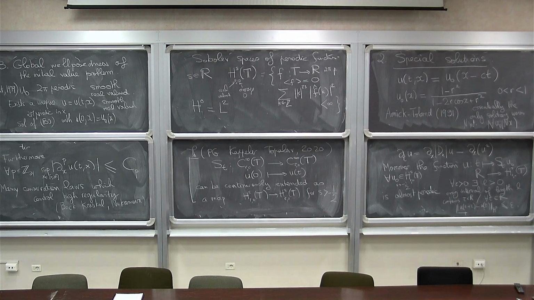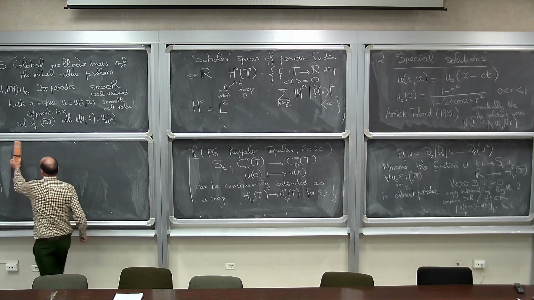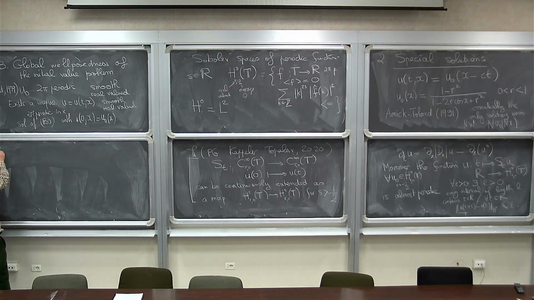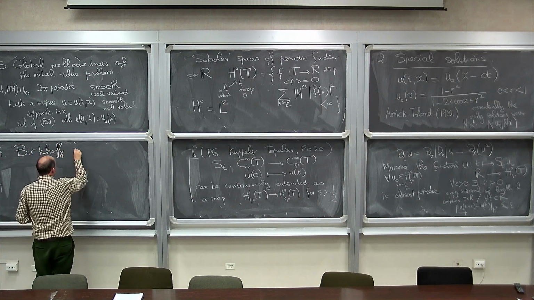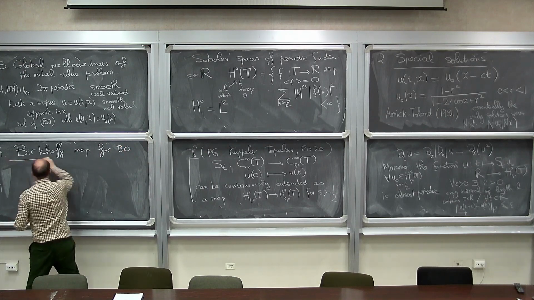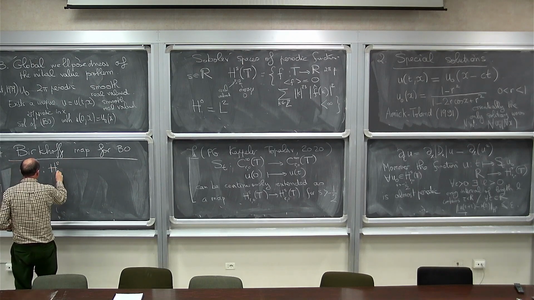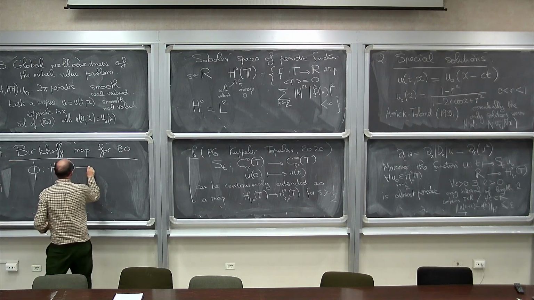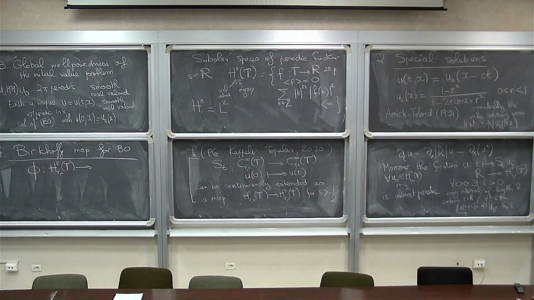And sometimes we decided rather to call it a Birkhoff map. So the Birkhoff map for BO is a map of that kind. It sends this space Hs to a space of sequences of complex numbers, exactly as the Fourier coefficients.